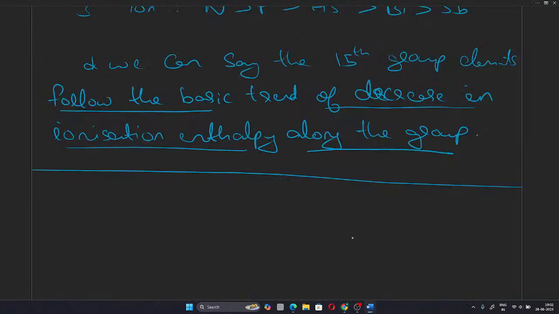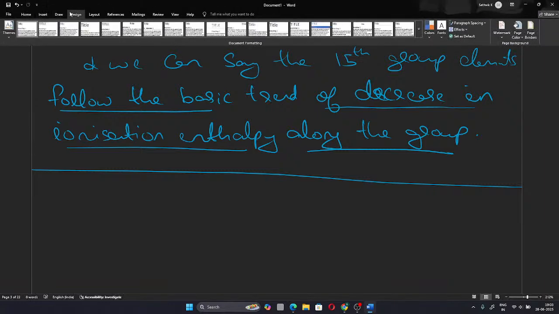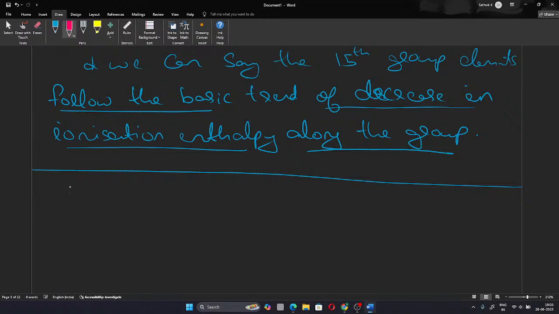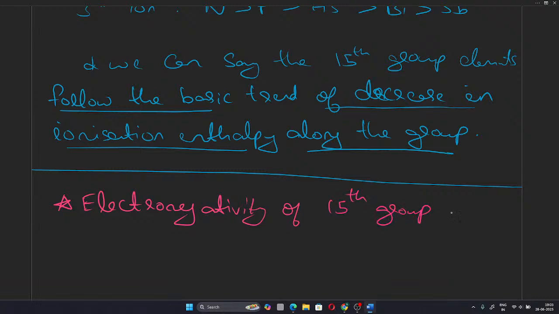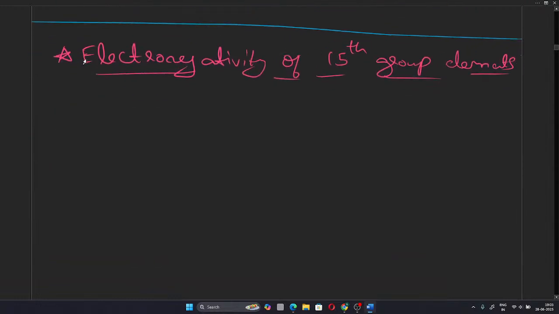So electronegativity of 15th group elements also follows the trend.